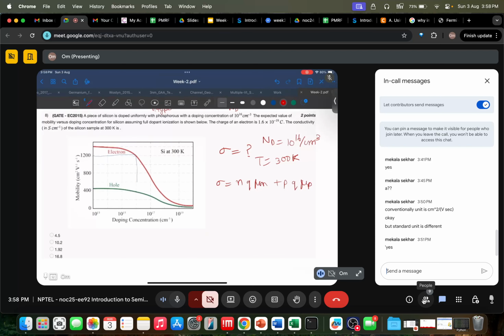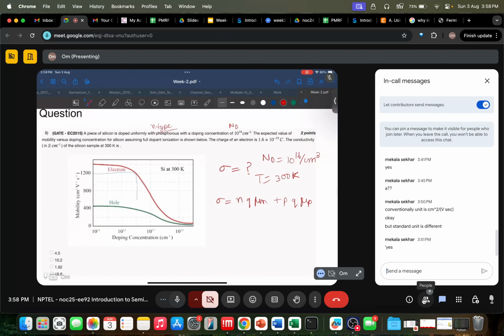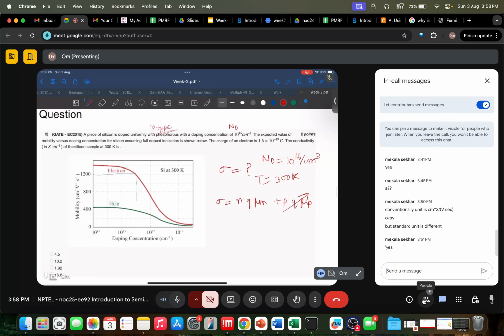But since we are talking about the n-type, let us ignore this. p is less than n, so we can ignore this. So sigma is n q mu n, and we know n is 10 to the power 16, q is 1.6 into 10 to the power minus 19.